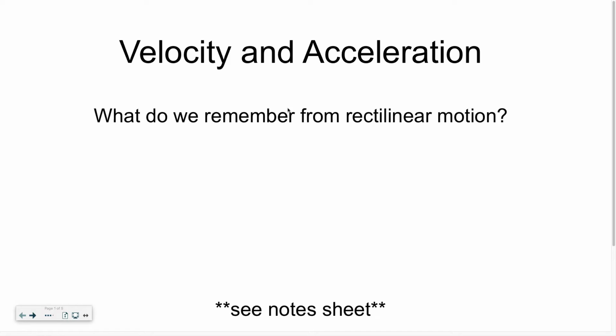Now we're talking about a particle that can move in all sorts of directions. We describe it parametrically, so we can talk about the horizontal and vertical components separately. We couldn't do that last year. We could only talk about left, right, or up, down. Now we're talking about left, right, up, down, all at the same time.